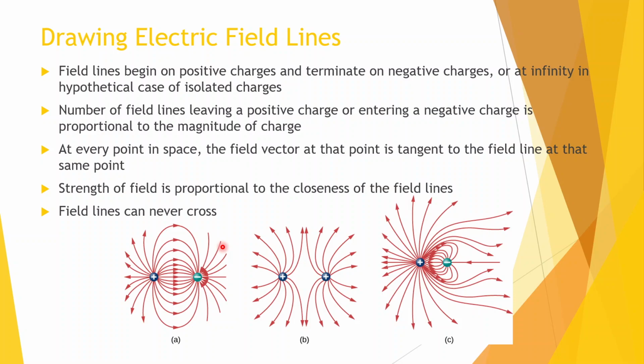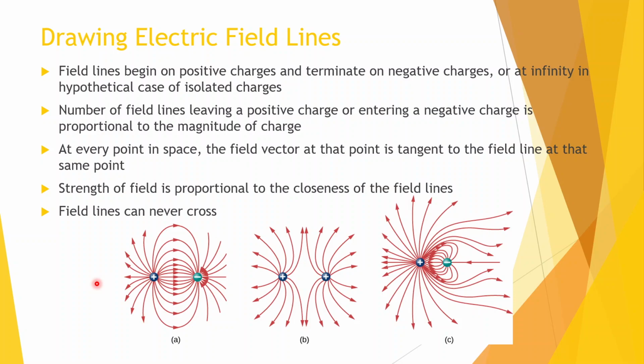So again, more or less depending on how strong that charge is, the magnitude of the charge. At every point in space, the field vector at that point is tangent to the field line at the same point. The strength of the field is proportional to the closeness of the field lines, and field lines can never cross. So keeping some rules in mind, and we'll get some practice with this as well.